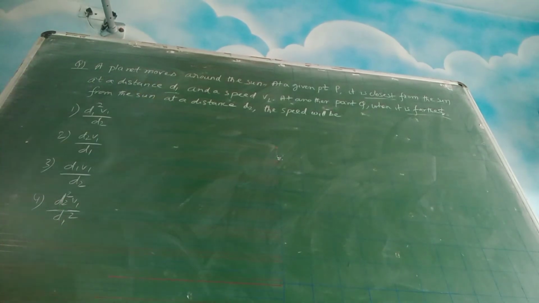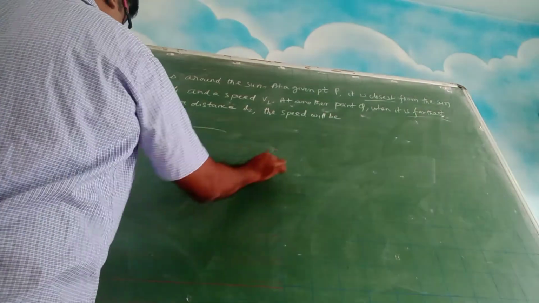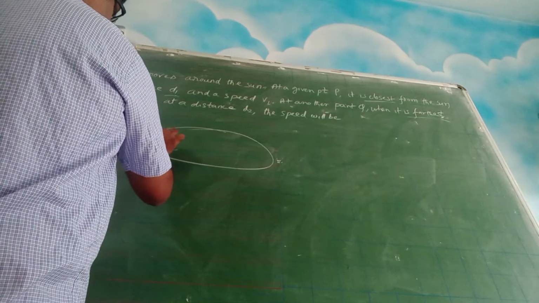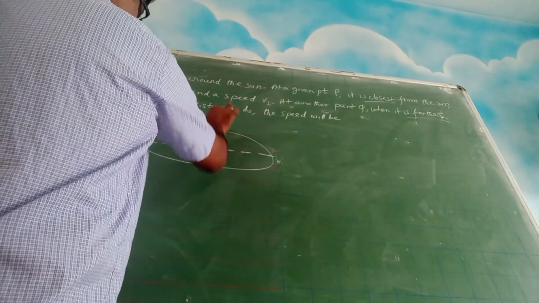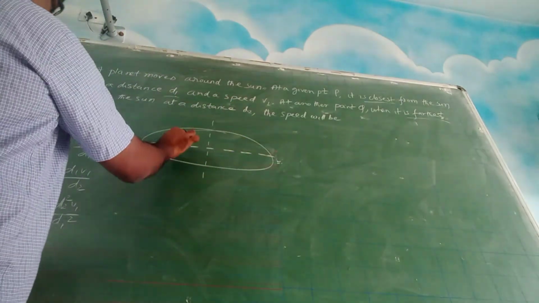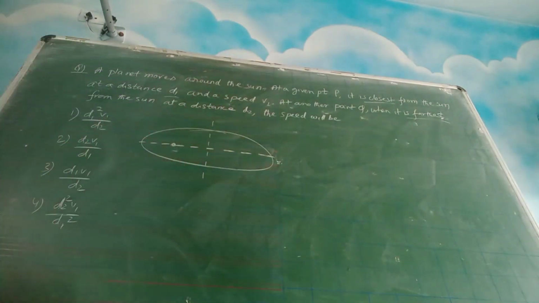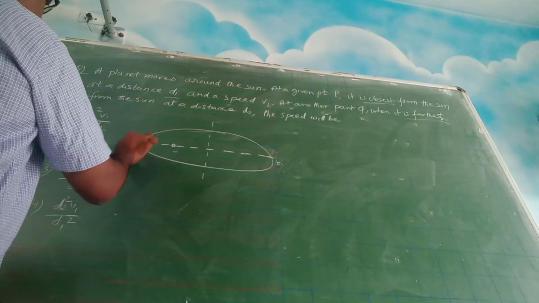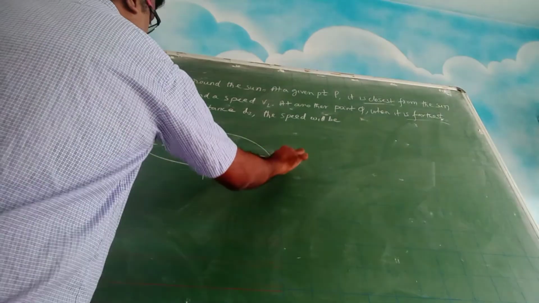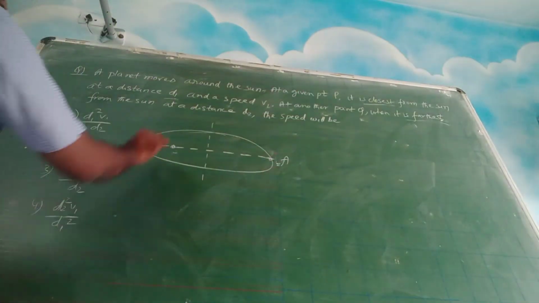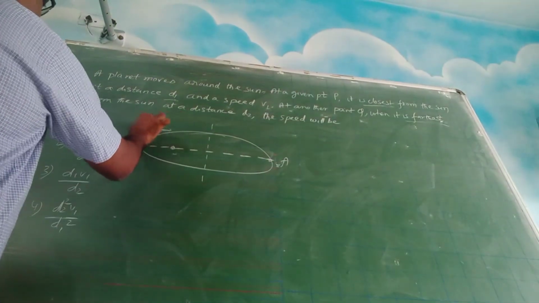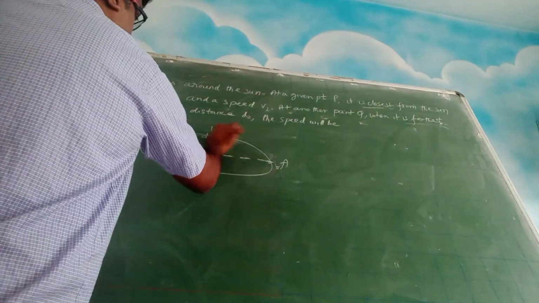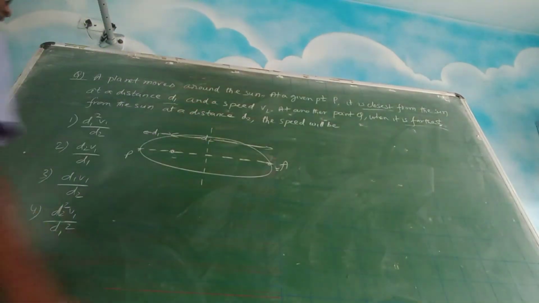So what will be the speed at the farthest distance? See, it is rotating in an elliptical way like this. So this is your perihelion point and this is your aphelion point, and this distance is given as d1 and this distance is given as d2, right?